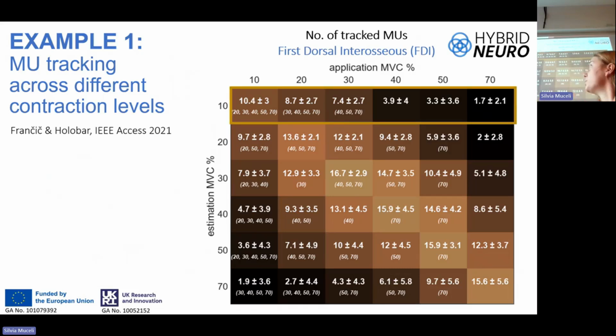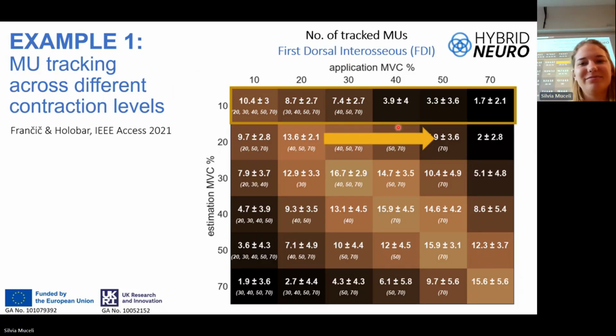And I would like you to look at the first line here. If we look at it in this direction, what we did here is we estimated the motor unit filter at 10% contraction, and then we applied it to all higher contraction levels. And we can see that the number of successfully tracked motor units was decreasing. We were losing motor units.